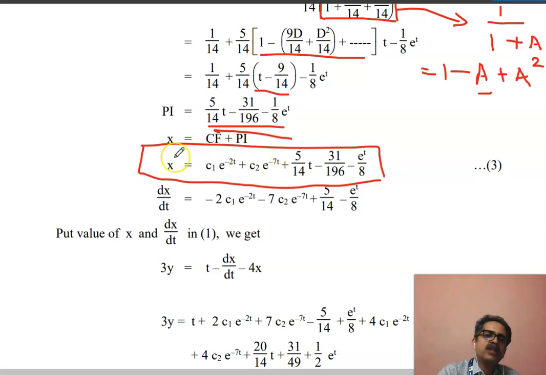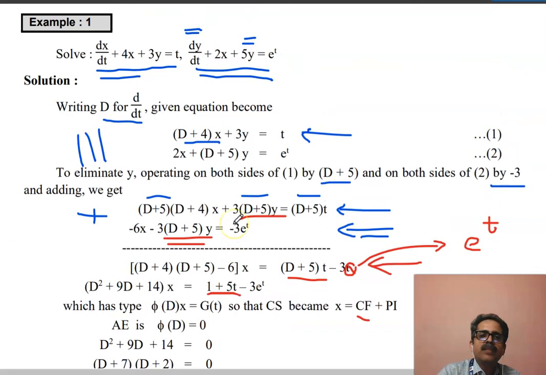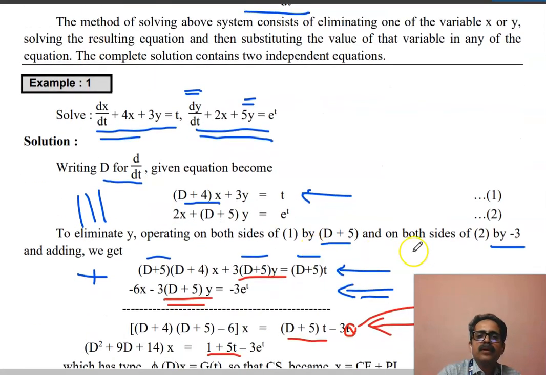For that purpose, from x we find dx/dt, and now we put the value of x and dx/dt in equation 1. That is this equation, we can call this equation 1. So we have two equations here, and we have to find the value of y.